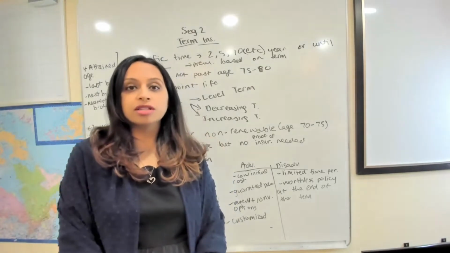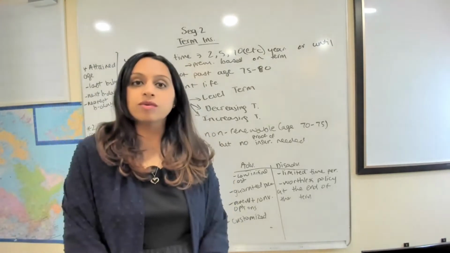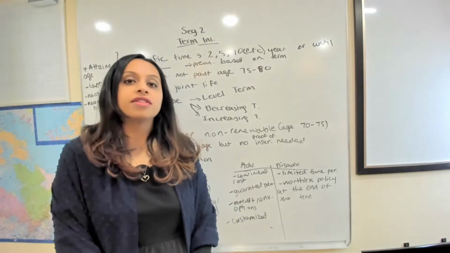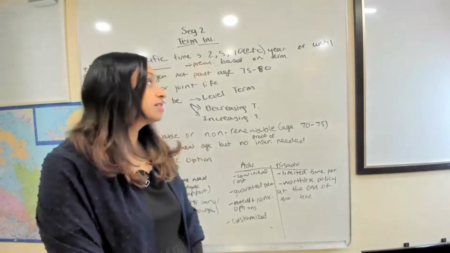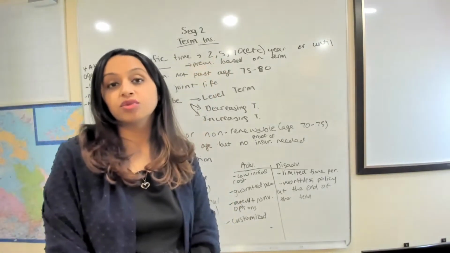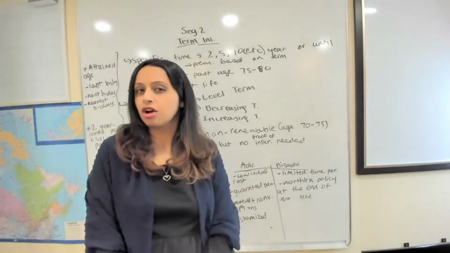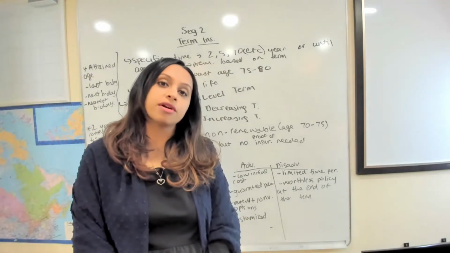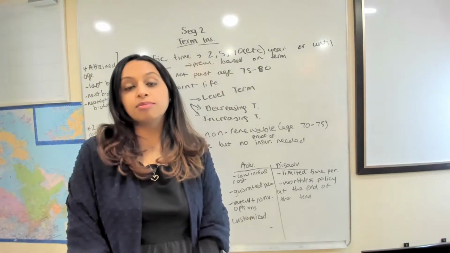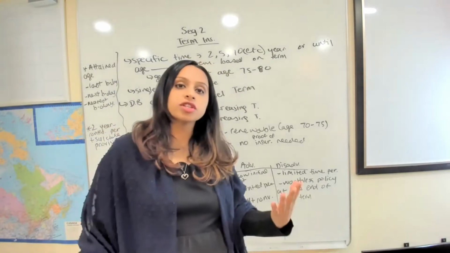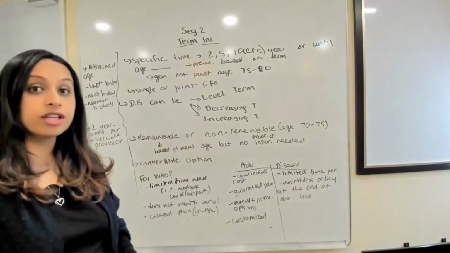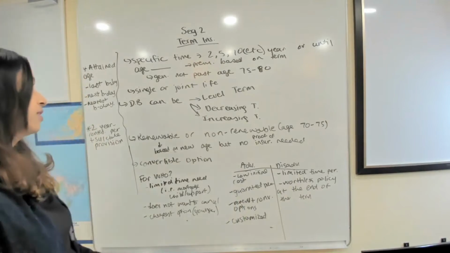So if you choose a policy for someone who is younger and they only want the policy for 10 years and they're 25, 30 years old right now, then it will be a very cheap premium because they've specified a small term and they're already young. So that insurance company feels we're not really taking on much risk. So the premium will be cheaper versus if they were to get that term for 30 years, 40 years, the premium starts to go up, right? So the premium is going to be based on how much time the insurance company is insuring you, and then the premium will be based on that.